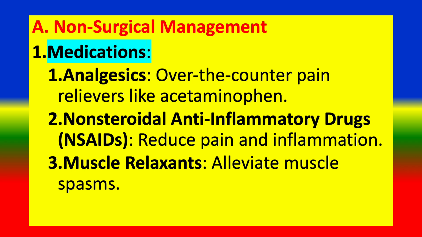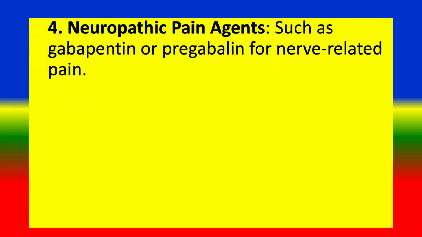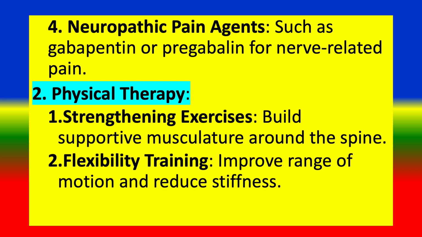Non-steroidal anti-inflammatory drugs reduce pain and inflammation. 3. Muscle relaxants alleviate muscle spasms. 4. Neuropathic pain agents such as gabapentin for nerve related pain.